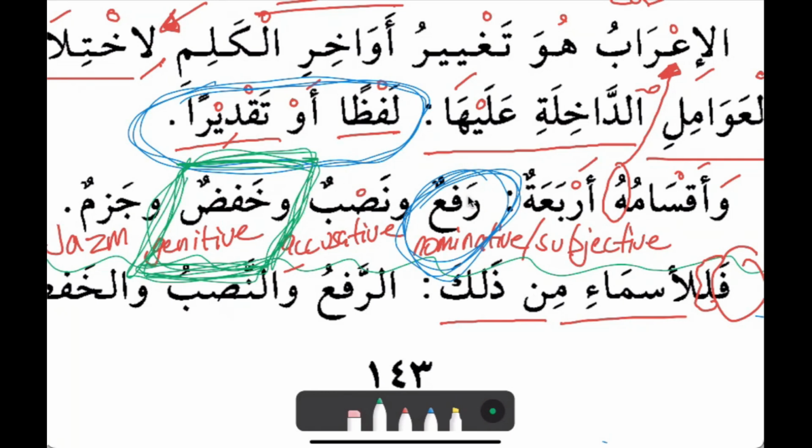So rafa' in Arabic works for nouns and verbs. Nasb works for nouns and verbs in Arabic. Do you say nominative works for nouns and verbs in English? And accusative works for nouns and verbs in English? So this is an interesting question, and yani should have some research.